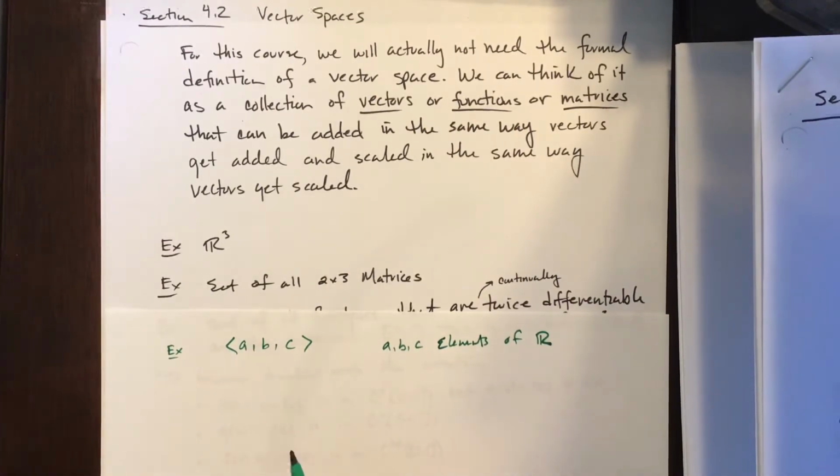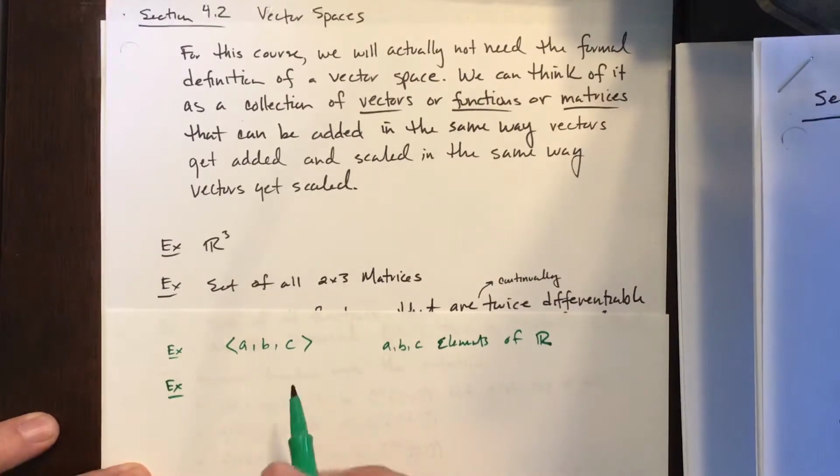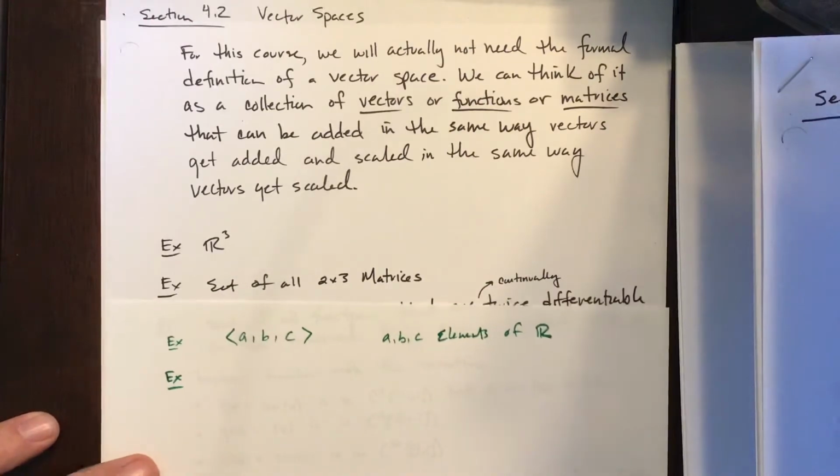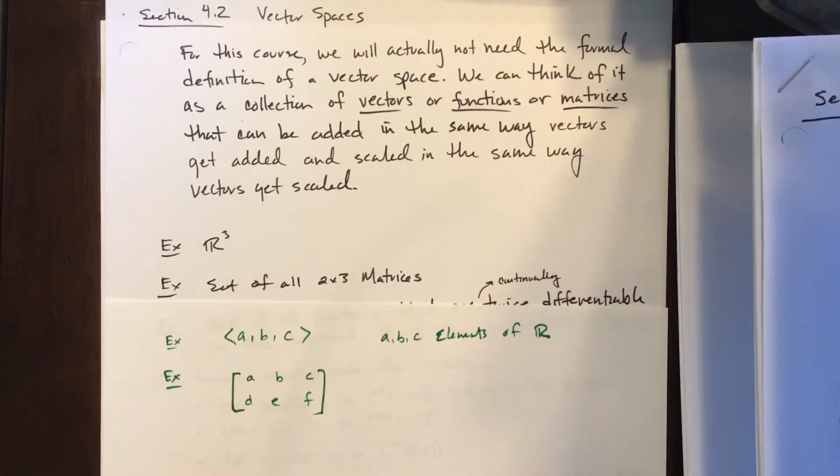What do the 2x3 matrices look like? Again, all I'm giving you right now is the generic representation of elements in this set. 2x3 matrices look like A, B, C, D, E, F. There's nothing that says that any of these real numbers have to be tied to one another. So that's why there's 6 independent values in this 2x3 matrix that has 2 rows and 3 columns.